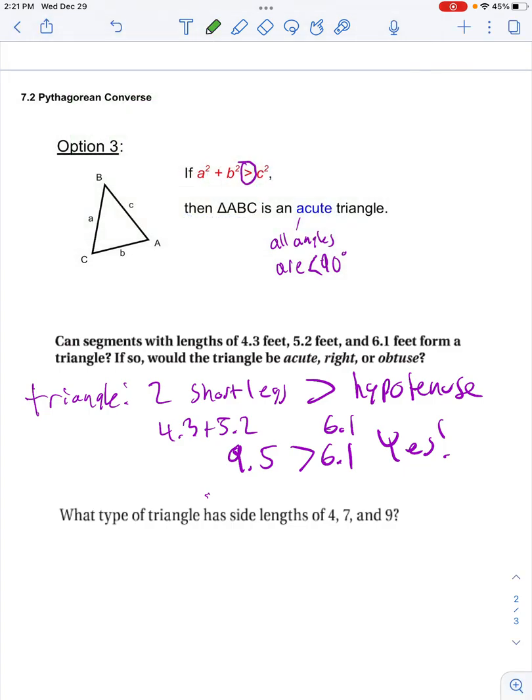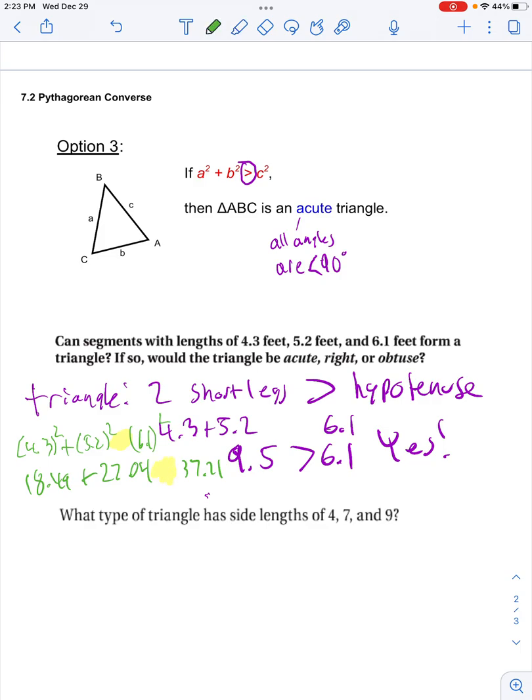Now I have to determine if it's acute, right, or obtuse. So I'm going to say 4.3 squared plus 5.2 squared, and I'm going to leave this blank for right now because I don't know what it's going to be, but then this is going to be 6.1 squared. 4.3 squared is 18.49, plus 5.2 squared is 27.04, and 6.1 squared is 37.21.